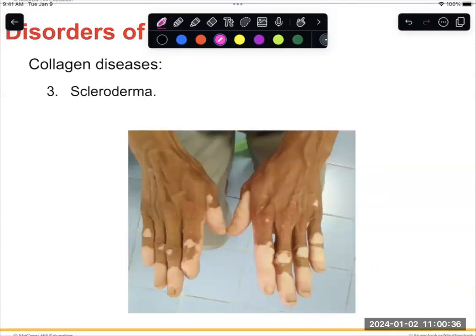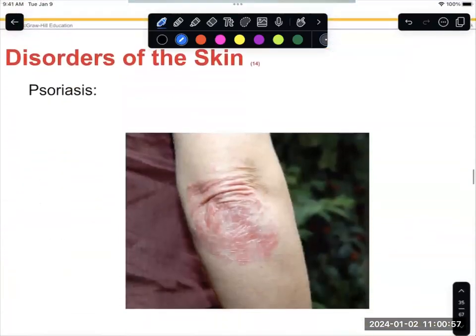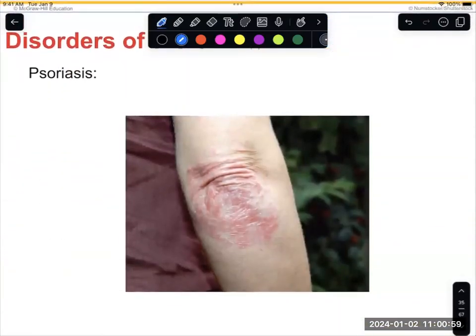So while this is scleroderma, these white patches that we see in here, this whitening of the skin, is also characteristic of vitiligo. Vitiligo has no cure, while psoriasis does.